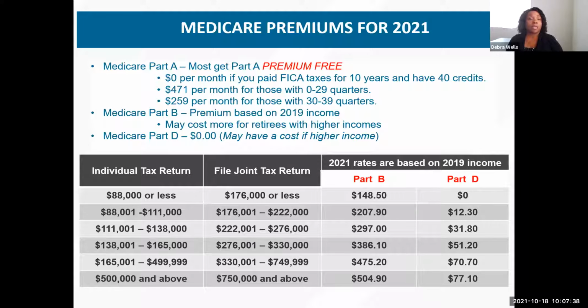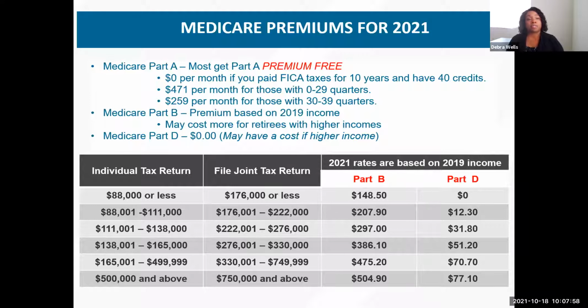When it comes to Medicare Part B as in boy, everybody has to pay a premium for Part B, and it's based on your income. And they always look 2 years back. So in this year, in 2021, they're looking for your income in 2019.